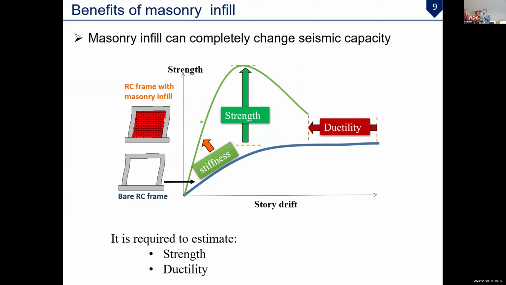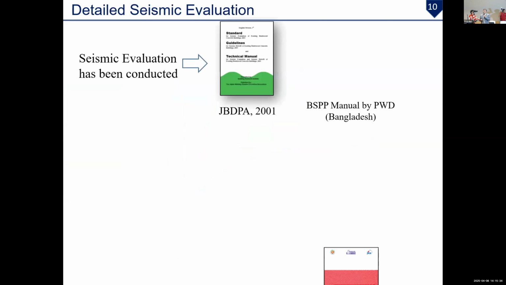But if you see this figure, this is just a qualitative figure. For the RC bare frame, this is the force-deformation curve. If we consider the masonry infill with the RC frame, then the strength is higher and the ductility also increases. So why do we not consider this advantage of the masonry infill frame? That is the point of discussion.